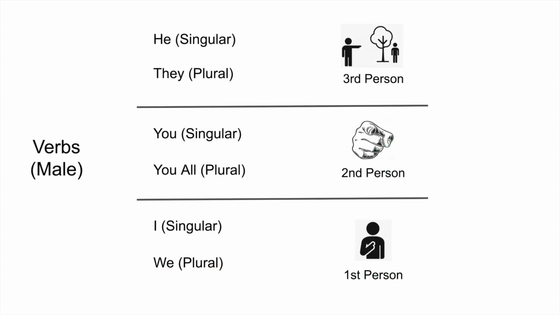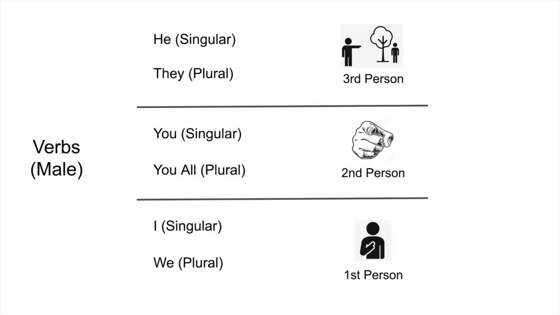Verbs by person. Before we look at verbs, one quick orientation. Every verb tells you who did the action. Third person, he or they. Second person, you. First person, I or we.